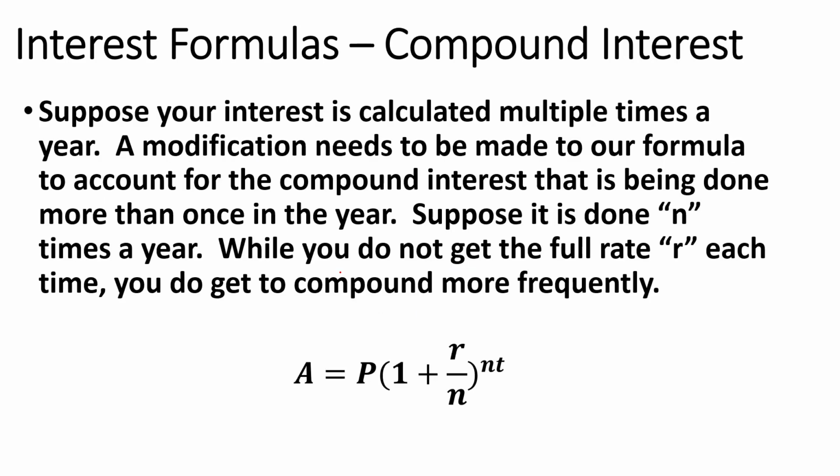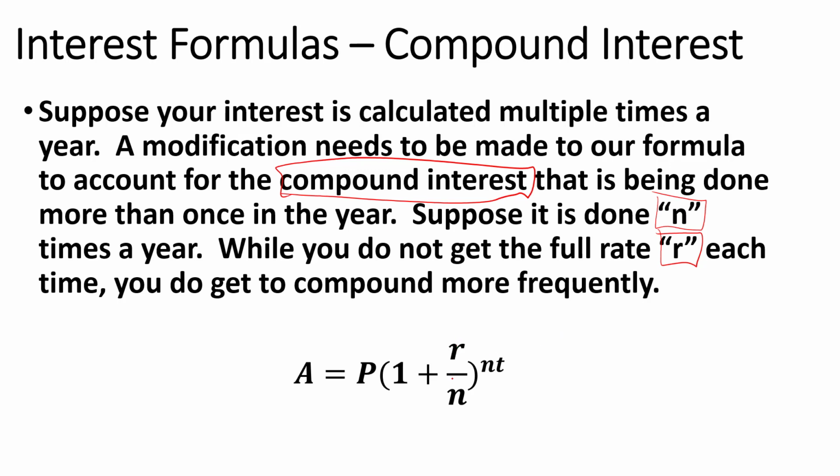Suppose your interest is calculated multiple times a year. A modification needs to be made to our formula to account for the compound interest. Now, this understanding of compound interest is going to be very important for you when it's being done more than once a year. Suppose it's done n, or any random number of times in a year. While you do not get the full rate each time, you do get to compound more frequently.